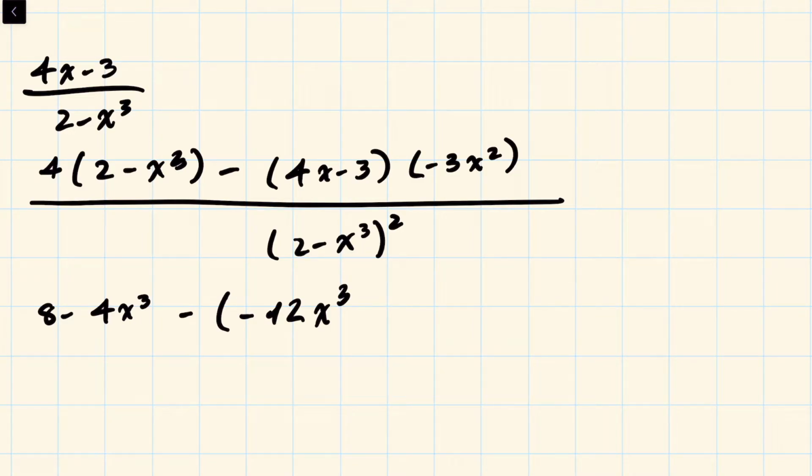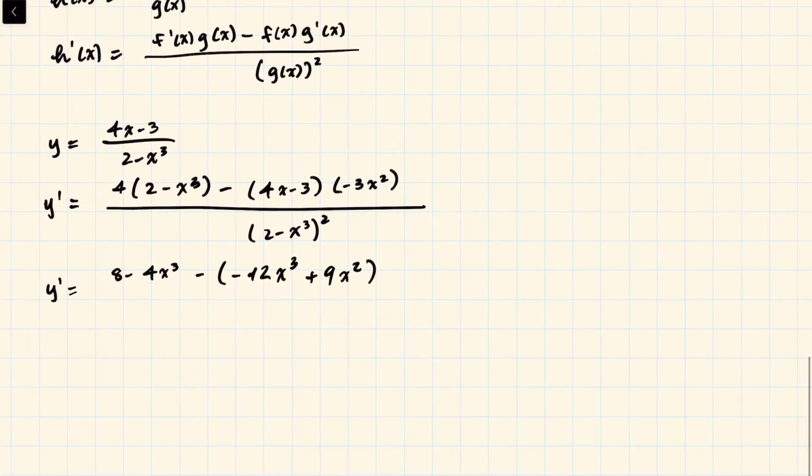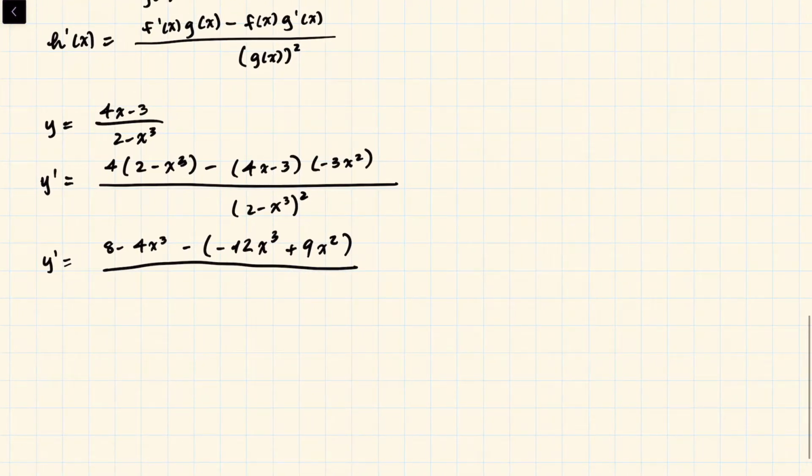And then we're subtracting, or we're going to add now 9x squared. Okay. All right. So that's our numerator. And our denominator, I guess we should just leave it as it is.